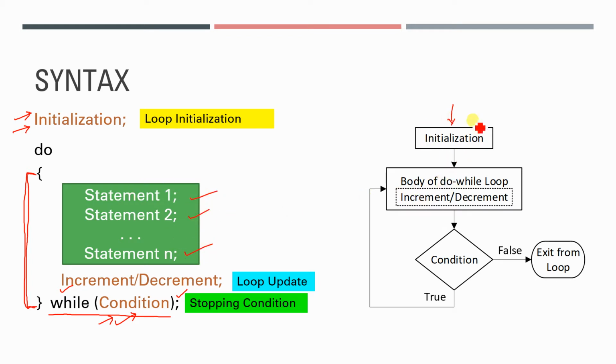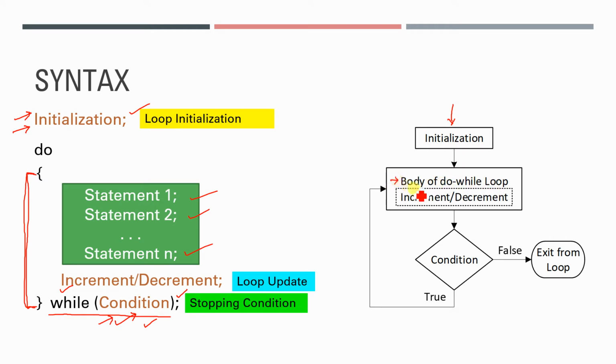So this initialization is necessary. After you initialize that variable, you can directly go into the body of the do while loop. But if you recall, in the while loop, after initializing, we are going to check the condition, but here it is not. Here after initialization we can directly go inside the body of the do while loop.